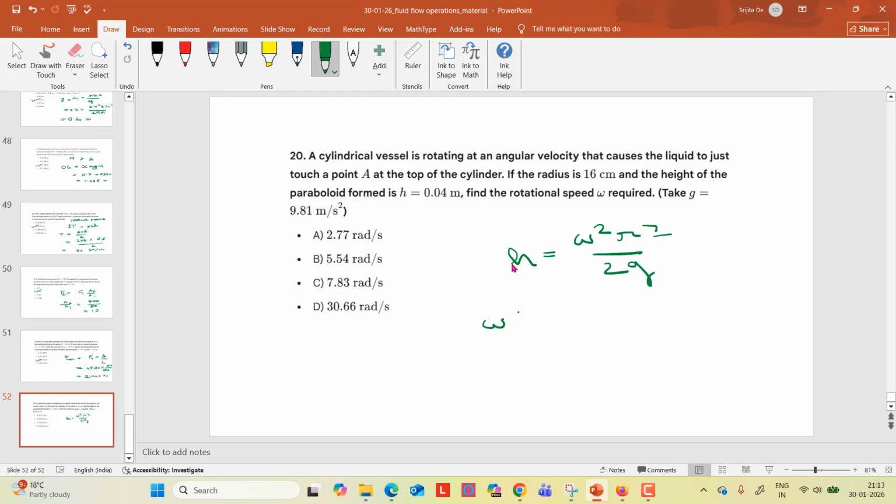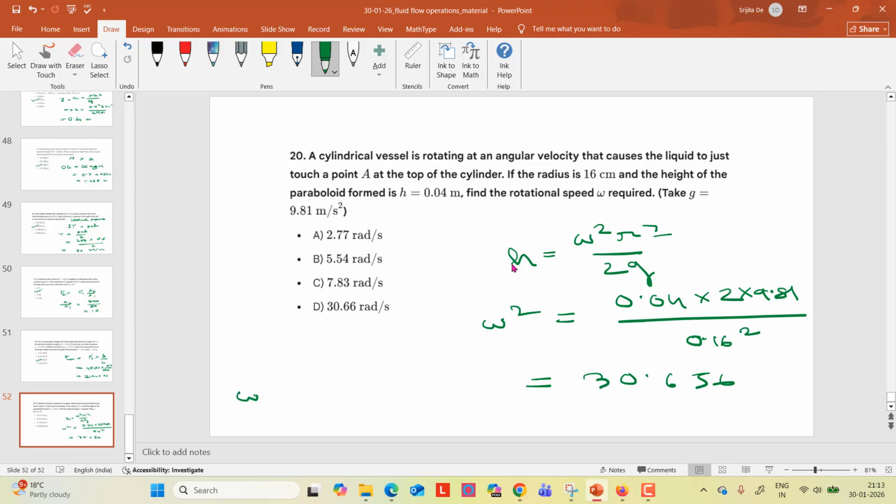So omega square equals 0.04 into 2 into 9.81 by 0.16 square, and the root under it is coming as 30.656, and omega is coming as 5.54 radian per second. It is option B.